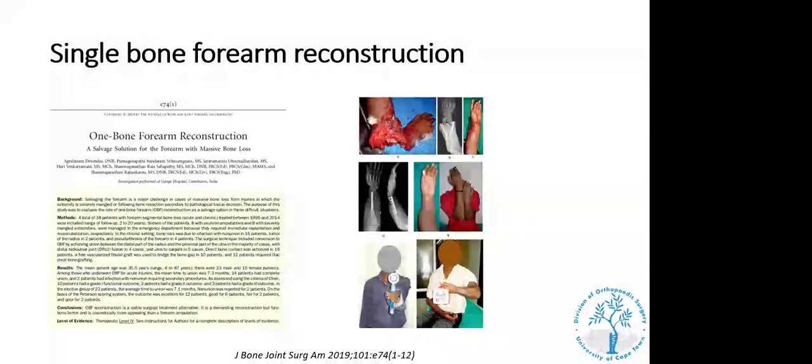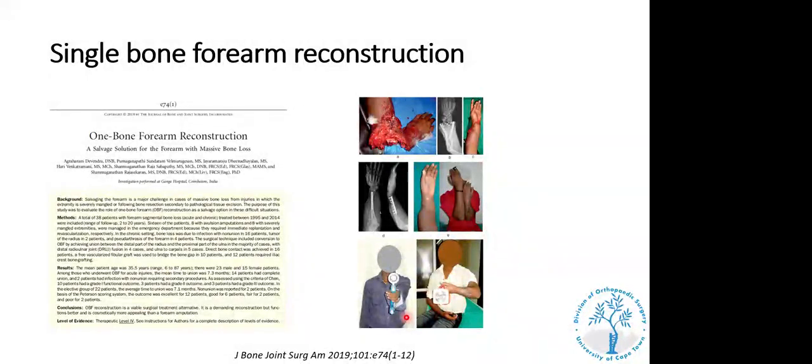Specifically, it's classically described as transferring the distal radius onto the proximal ulna, or the longest one distally onto the longest one proximally, to treat a bone defect. So you can see here in this paper from Rajasekaran from India: mangled extremity, large bone loss, plating the distal radius onto the proximal ulna, a short little arm, but acceptable function.